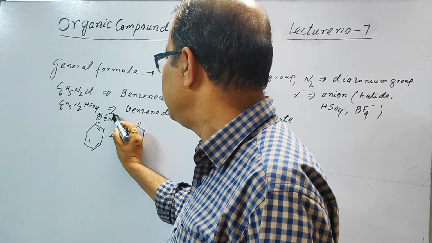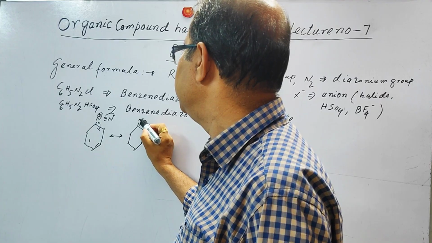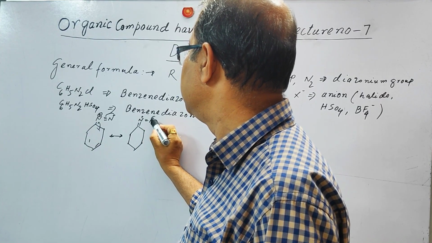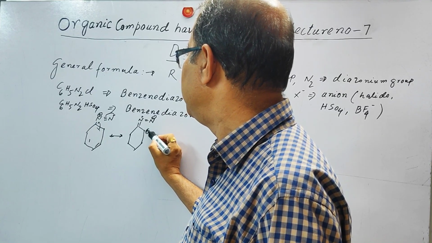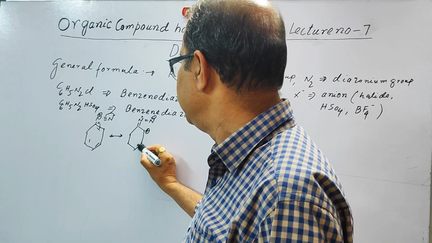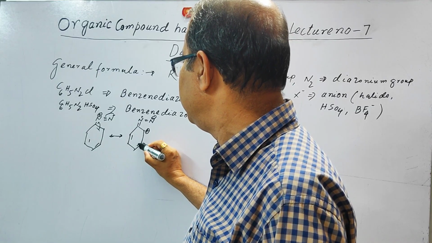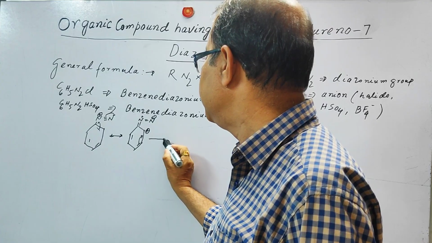This electron will go here, and you can see the positive charge is here. Again this pi electron will go there.